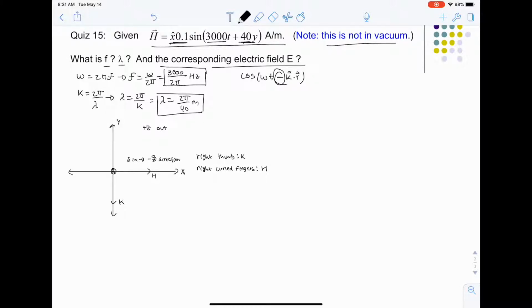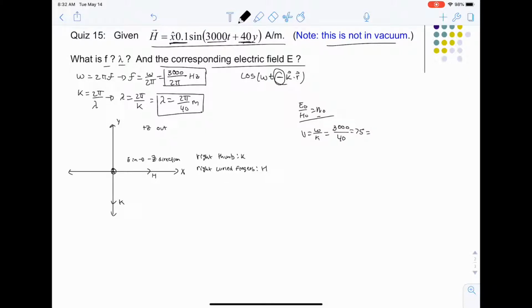And since we're not in a vacuum, we can't use the equation E naught over H naught equals eta naught just yet. So to solve for our E naught over here, we first use the equation v equals omega over k, which is 3000 over 40, which equals 75.